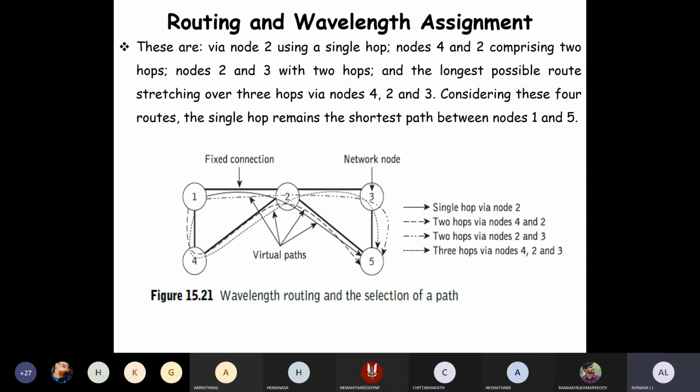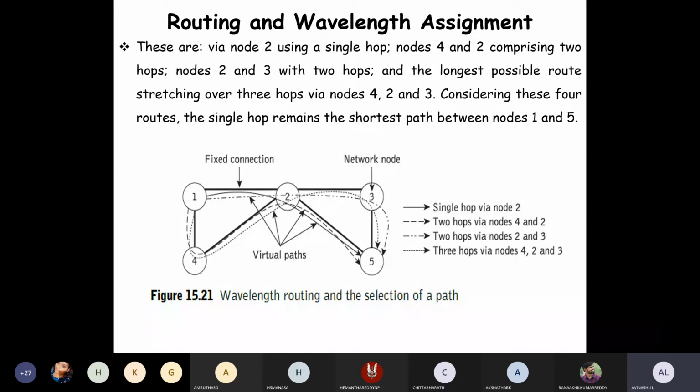Why this particular wavelength routing? There is a provision of going for only a single hop via node 2, but we also go via 4 and 2, or 2 and 3. Why? Because sometimes some other nodes will not be available.